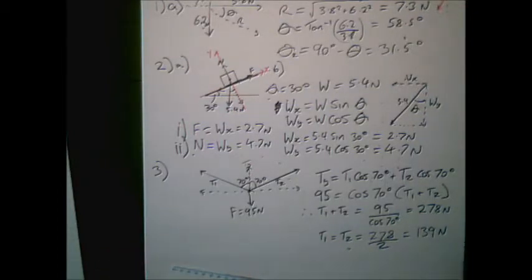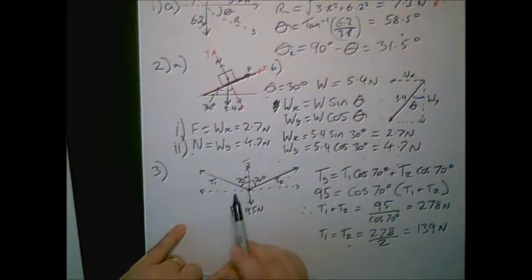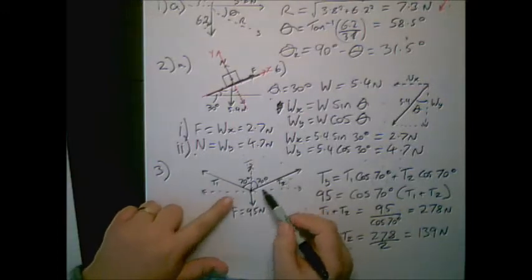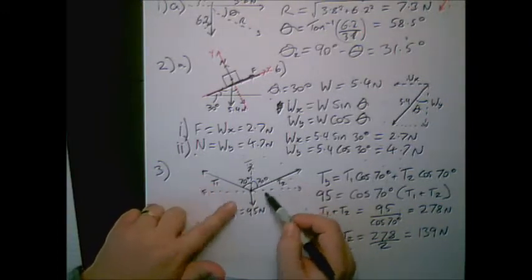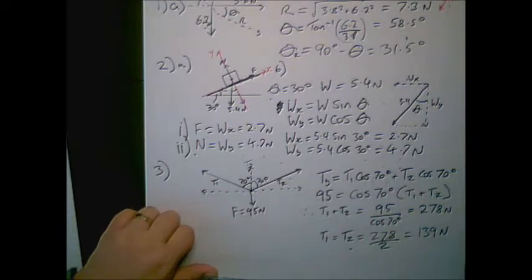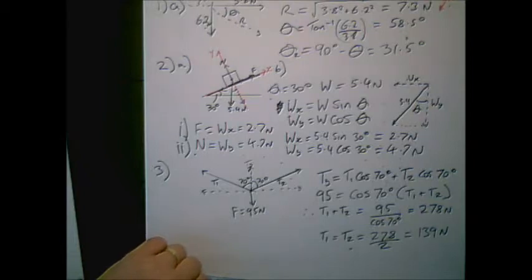Now, we know there must also be forces in this way, but they're not really of interest to us in this example. We're only really concerning ourselves with the tension in the bowstring. We've calculated that. We don't need to then go back and calculate this. We wanted to know the tension, which we've got. The last part of the question is, when the bow's released, what is the resultant force at the moment the bow's released?